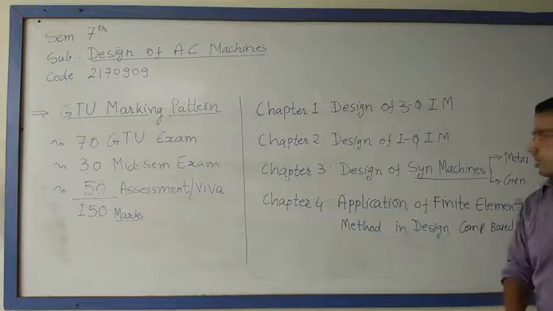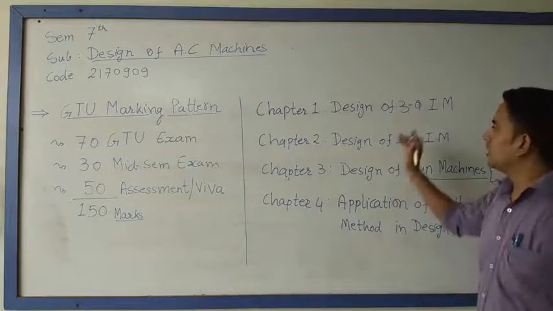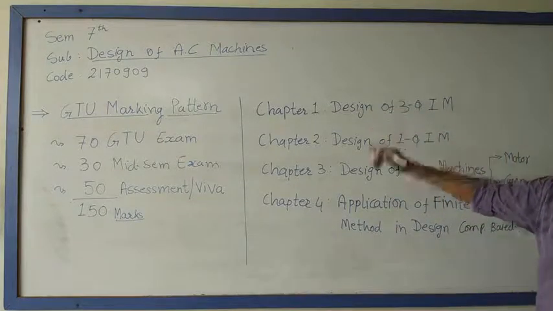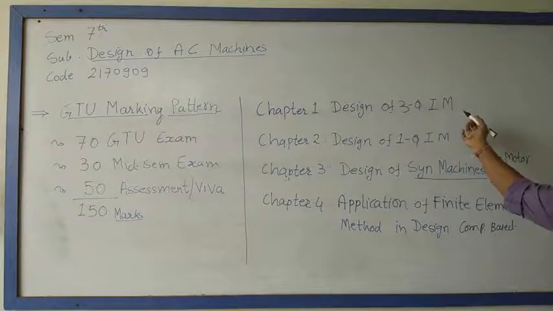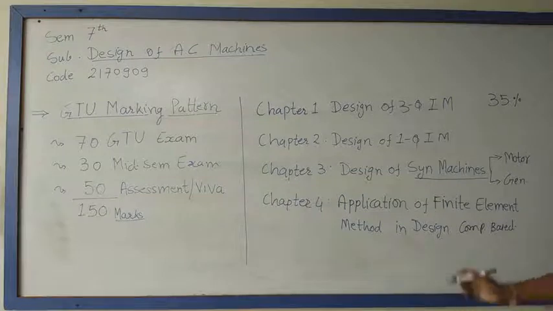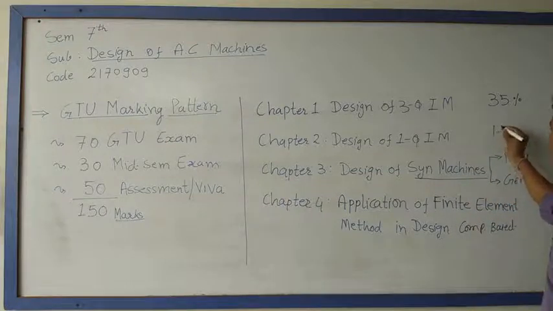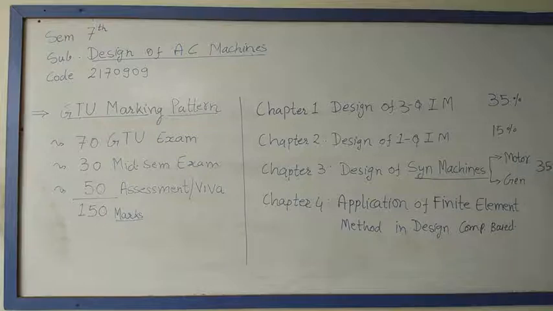Now, the GTU marking means the chapter-wise weightage in the GTU exam paper. Chapter number 1, design of 3-phase induction motor, is about 35% of the GTU exam paper. Chapter number 2 contains 15%. Chapter number 3 contains 35%.